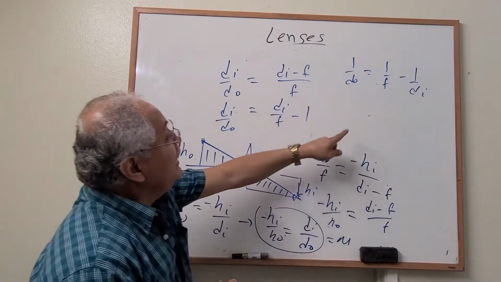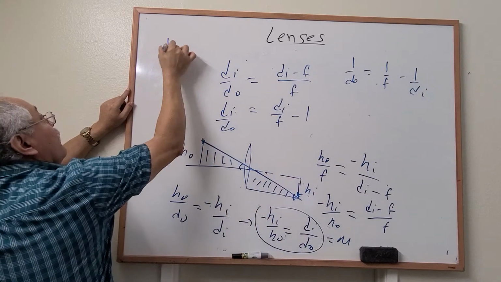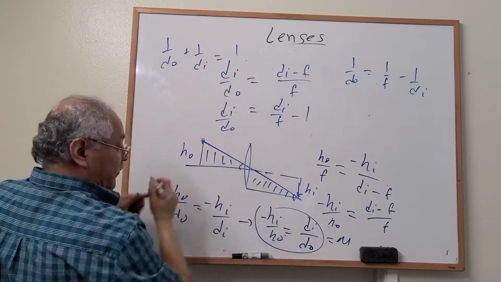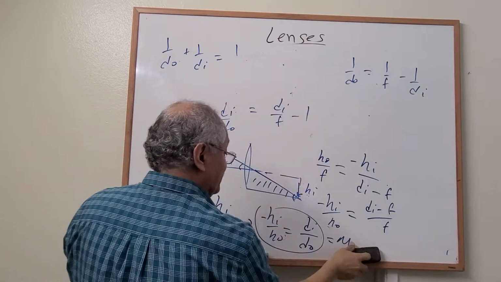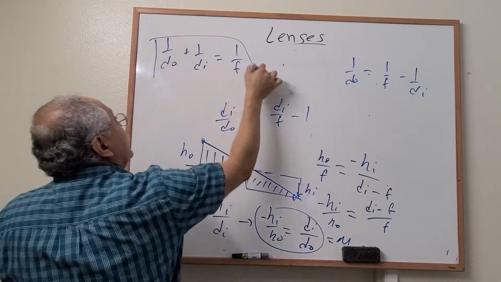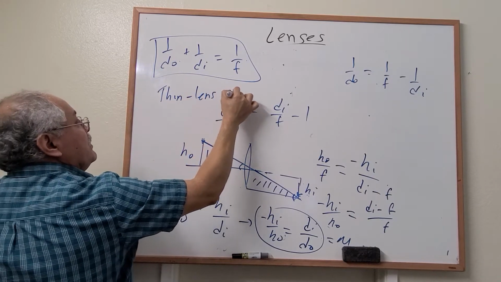Perfect. Now let's arrange it in the traditional way for this equation. It says 1 over DO plus 1 over DI is equal to 1 over F. And this is called the thin lens equation.